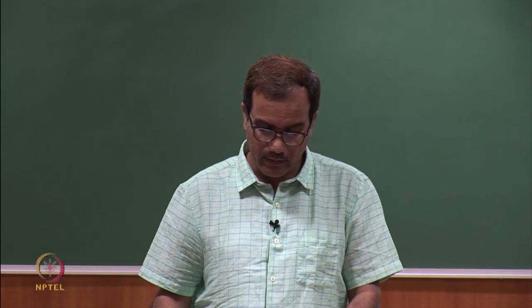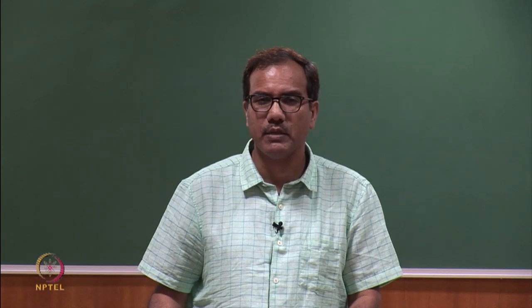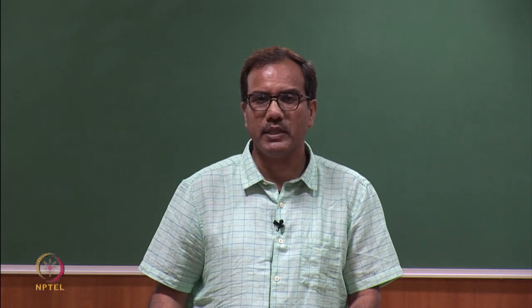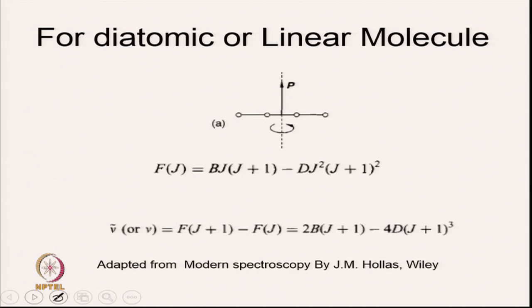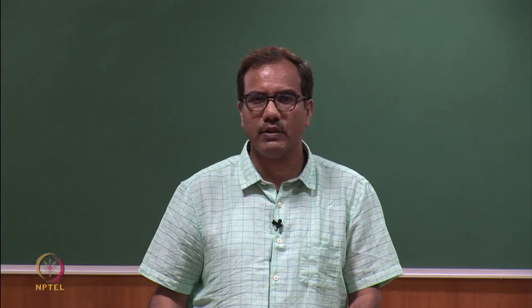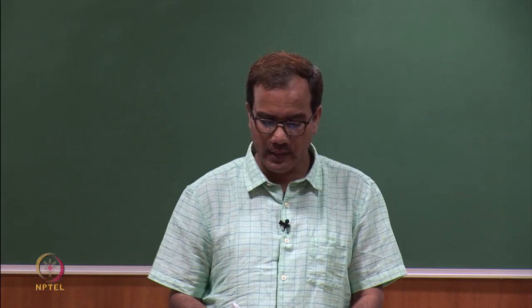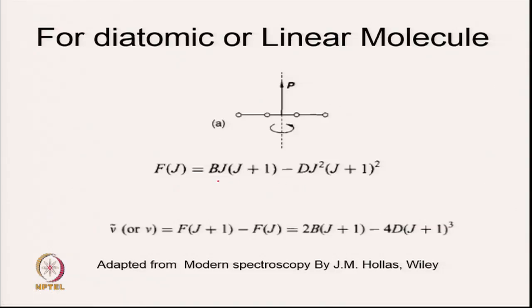For example, if you take a diatomic linear molecule and take into account that R is not constant, you are going to get another term when we calculate the wave number. For the rigid rotor we have BJ(J plus 1), that is the wave number.